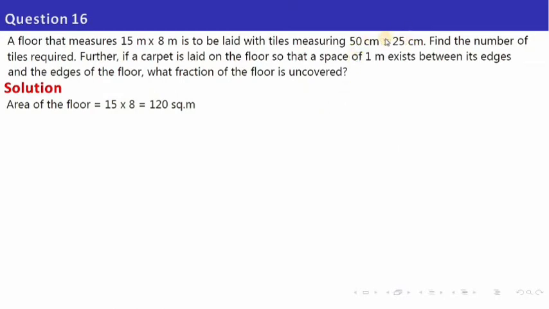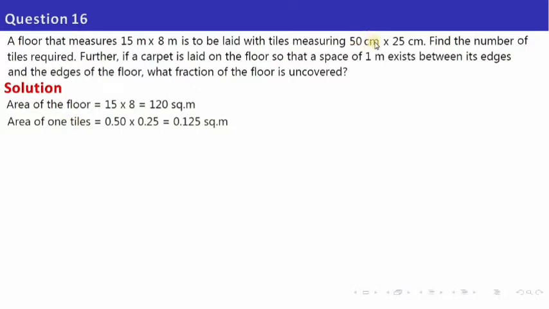So what we need to do is, we will find the area of the floor and we will find the area of the tiles with the same unit. Remember, the unit has to be the same. So the area of the floor will be 15 into 8, which is 120. And since the unit given here is meter, your area's unit will be square meter in this case. Now area of one tile, see, it is given in centimeter.